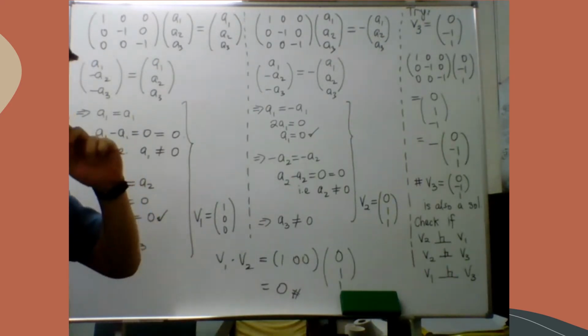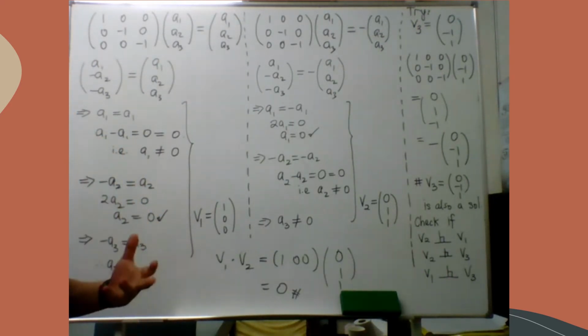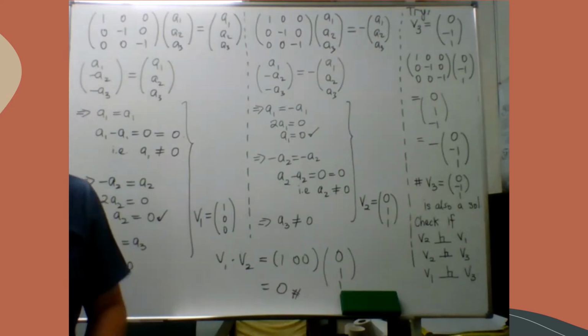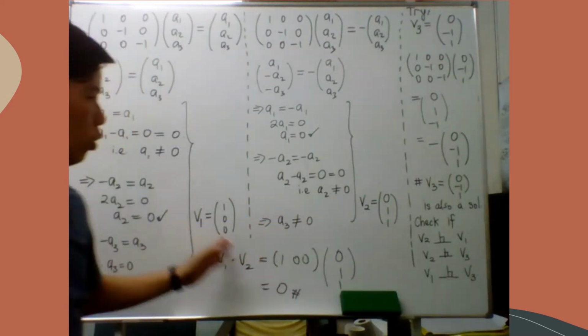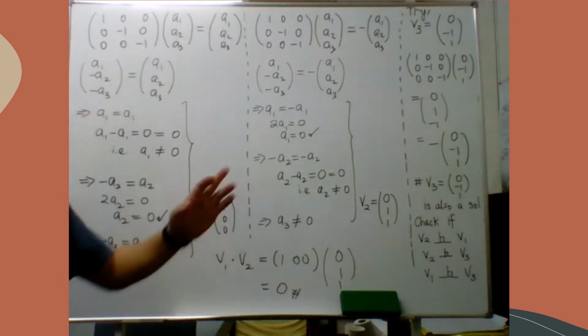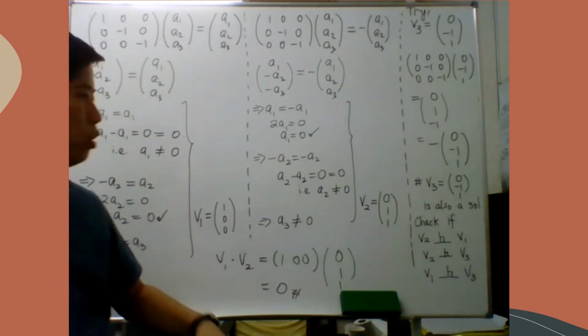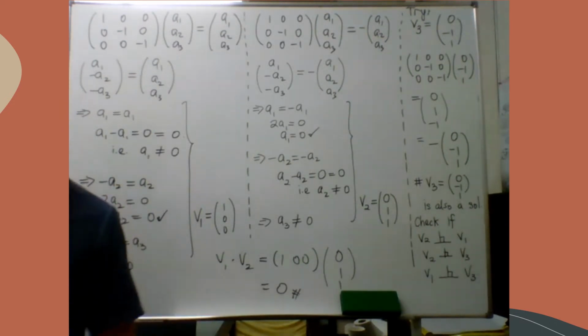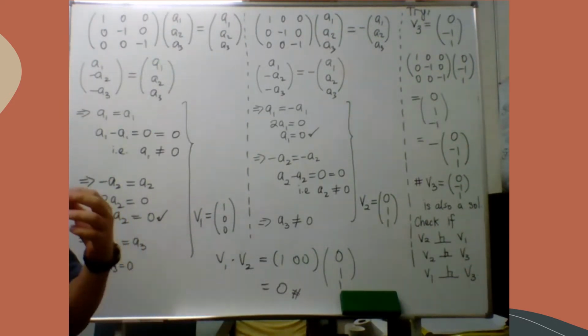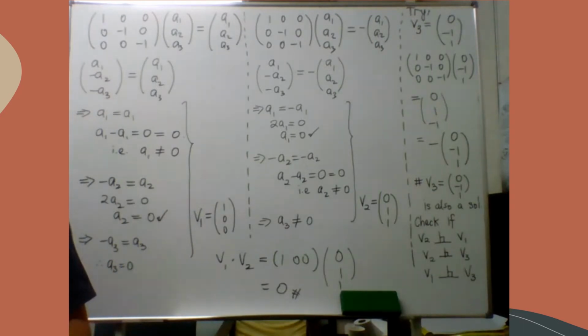But normally we want to find the eigenvectors which are orthogonal to one another. So here you have shown that v1 and v2 are in fact orthogonal to one another, and you want to choose v3 which is orthogonal to both of them. Okay, so that is where the Gram-Schmidt method comes in.